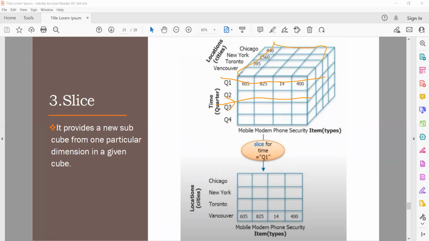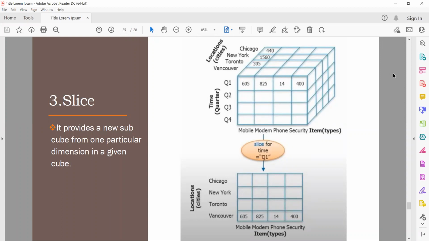If you cut by these, it contains different dimensions. This one is a dimension, this one is a dimension. So you need to think about how many dimensions you are cutting. If it is a slice, it contains only one dimension. Did you understand? If you have any doubts, you can ask regarding roll up, drill down, slice.